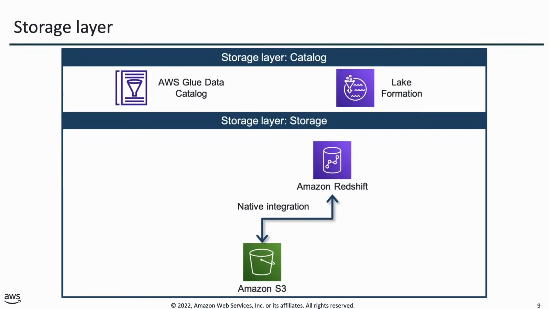So if we think about what this means, there's a catalog layer in the storage, and this includes things like business and technical metadata about data sets. The metadata can support things like the ability to find and query data that's stored in the data lake or data warehouse. And in this architecture, this would be AWS Lake Formation and AWS Glue working together.